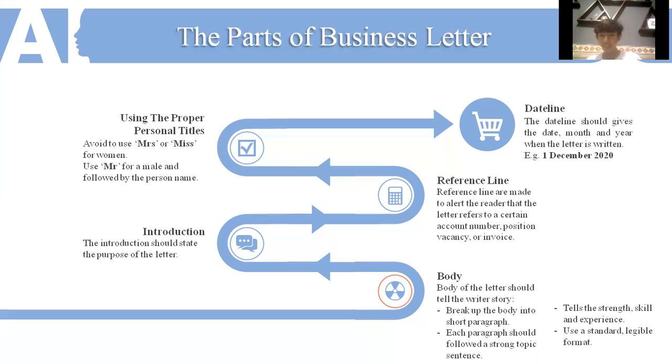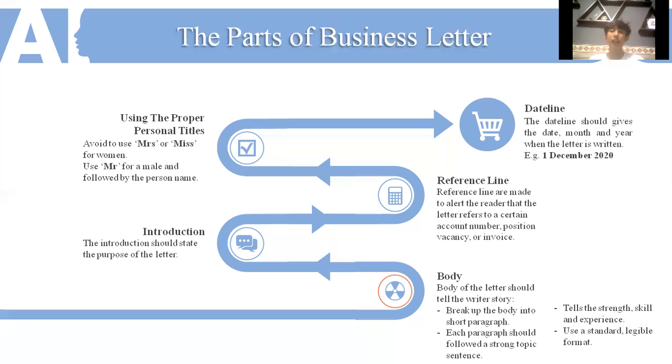Okay, next is the body. The body of the letter should tell the writer's story. The first thing is to break up the body of the letter into short paragraphs, which are easier to read. The second one is to begin each paragraph with a strong topic sentence that captures the reader's attention and states what the paragraph is about.